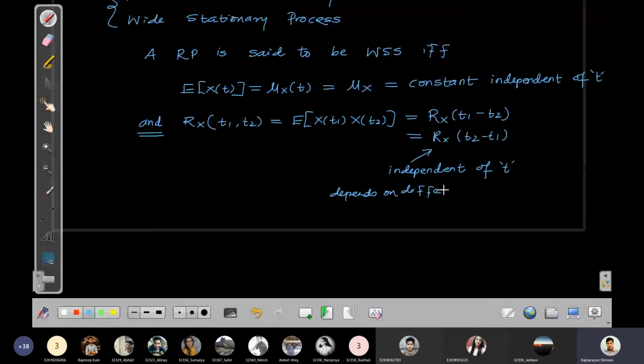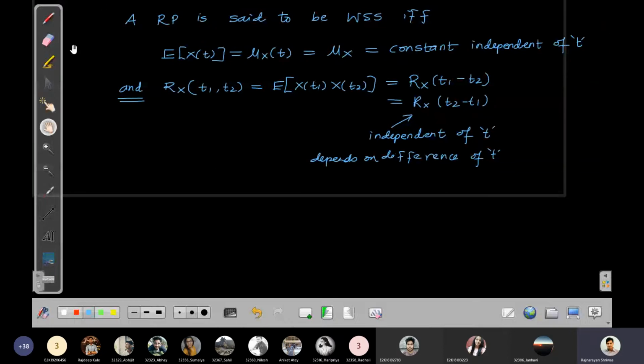So sometimes what they say, you can take t1 as t and t2 as t plus tau. So they call it, you sample the process at t, and then you sample the process at t plus tau. So this is called time difference, or you can call it time shift. So this is the shifting parameter.